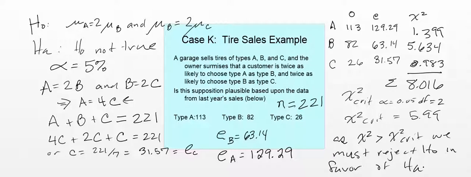So the supposition is not plausible, and we need to reject it in favor of the alternative that we don't really know exactly the preferences between type A, type B, and type C. But we do have demonstrated that the previous supposition is not valid, as demonstrated by last year's tire sales. End of case K.